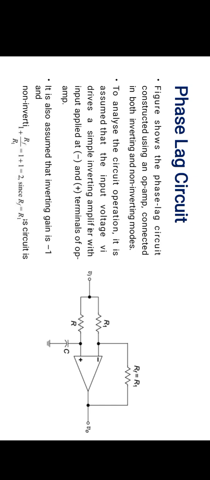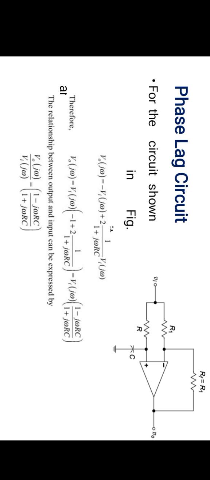It is also assumed that inverting gain is -1 and non-inverting is 1 plus Rf by R1 equal to 1 plus 1 equal to 2, since Rf equal to R1.